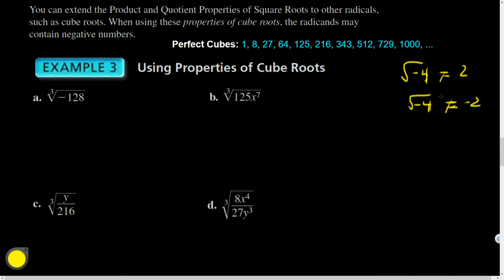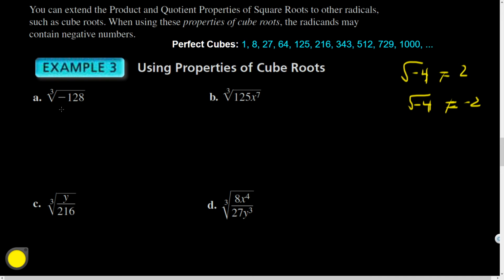And so there isn't at least a real number that is the square root of a negative, but cubed roots allow it. Because a cubed root is asking the question, what number multiplied by itself 3 times is this? And I could have a negative times a negative times a negative and have it work out.